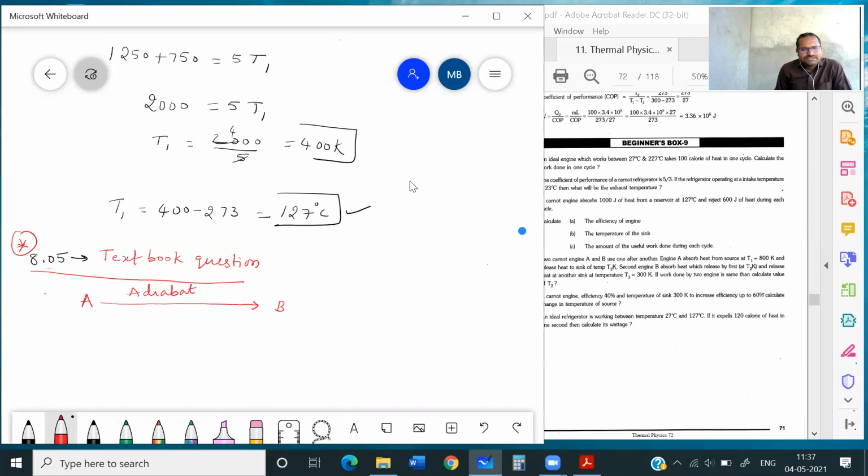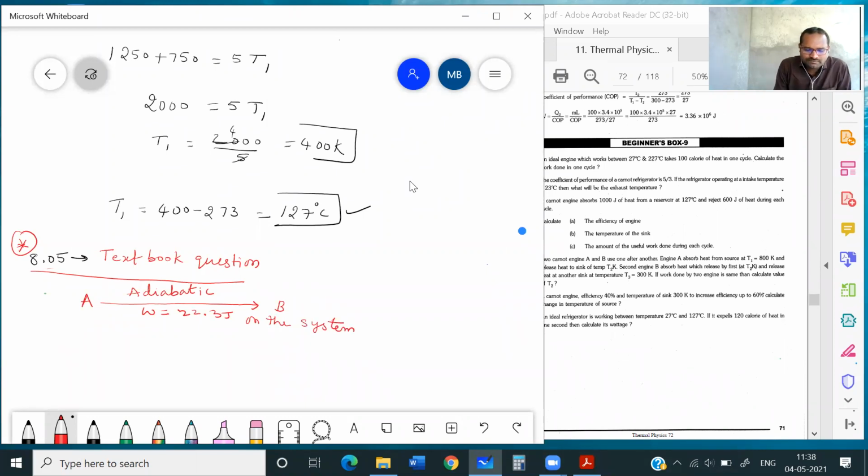Adiabatically. For changing the state of a system adiabatically, they need to perform some work. How much work they have to perform is 22.3 joules, they said. Work to be performed on the system. You need to remember, on the system it is. See, sign convention is very important in this.